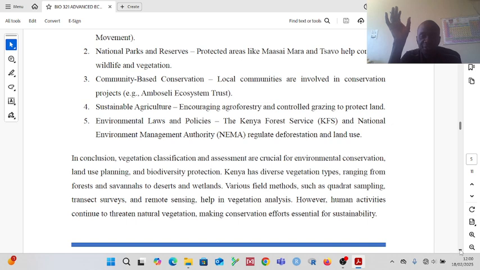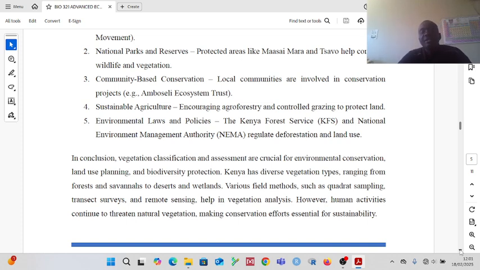We have diverse vegetation types, which are a creation of the environment, the soil type, the altitude, and there are ways in which we can study and analyze this vegetation. Several of them exist, where you can use quadrat sampling, you can do transect surveys, you can do remote sensing, among others.